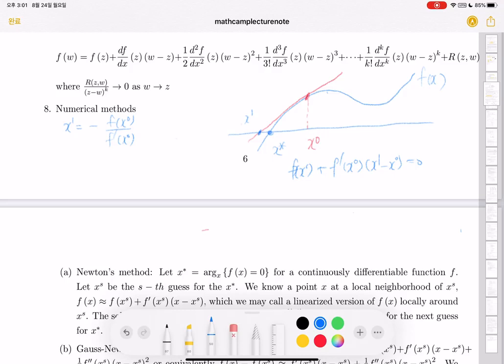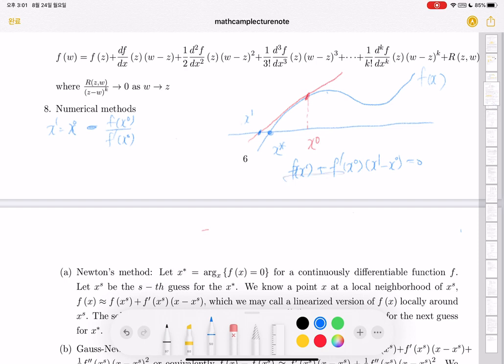So that's going to be your second point, x1. Then plug this x1 into f of x and see if f of x1 is 0.